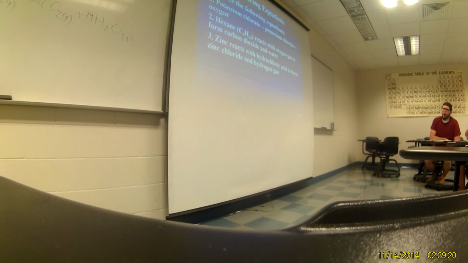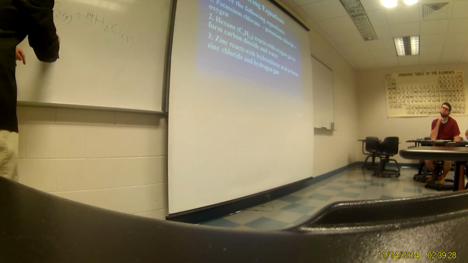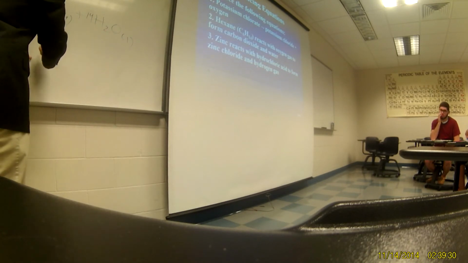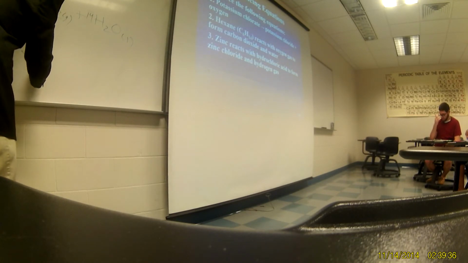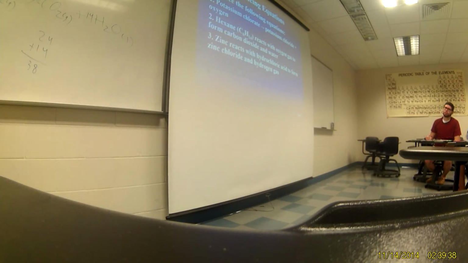Now what do I have to do with the oxygen? How many do I have on the right? I have 24 plus 14 is 38. And so what number needs to go there? 19.